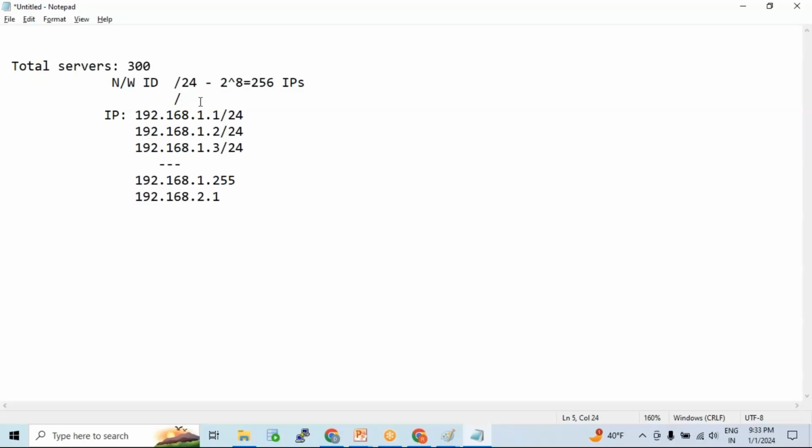Okay. Let's say if I do a /16, if I use the network ID as /16, then it will be 2 power 16, and you do a little calculation, guys. So that will be the number of IP addresses that you will be getting, correct?